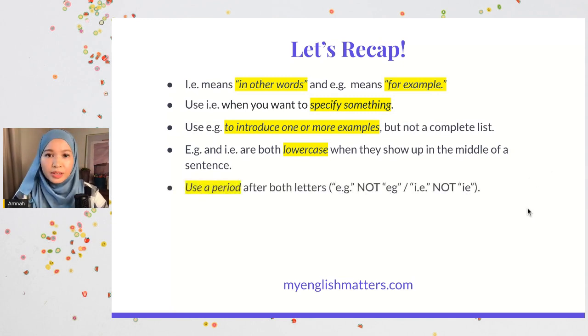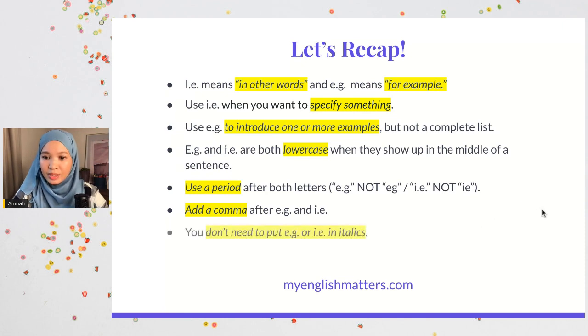Use a period after both letters, so e.g. not just eg, or i.e. not ie. Add a comma after e.g. and i.e. So add a comma after you use it. And my last tip to remember is you don't need to put e.g. or i.e. in italics.